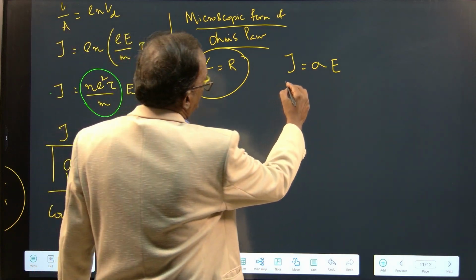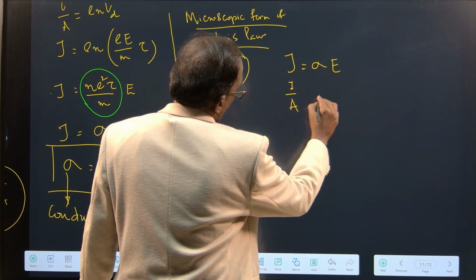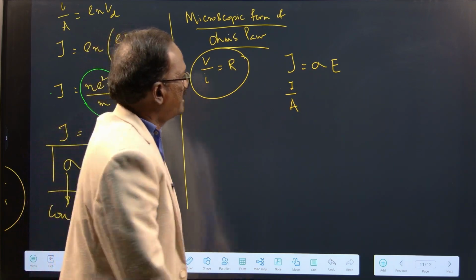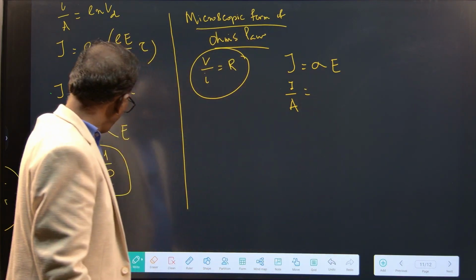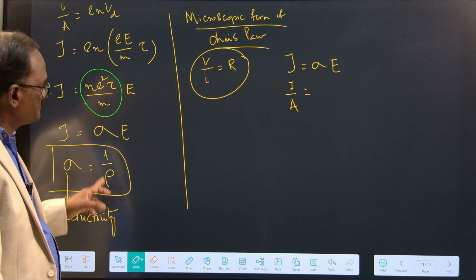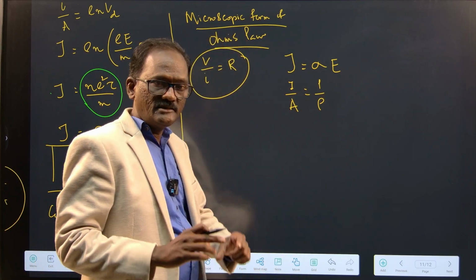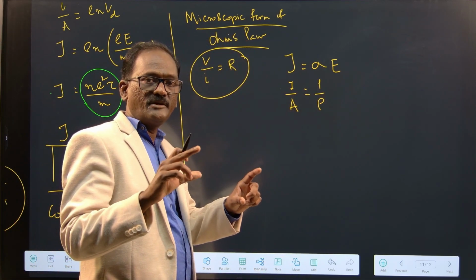J is equal to I by A, current density, I per unit area. Sigma is equal to 1 by rho. E is equal to V by L, voltage per meter.